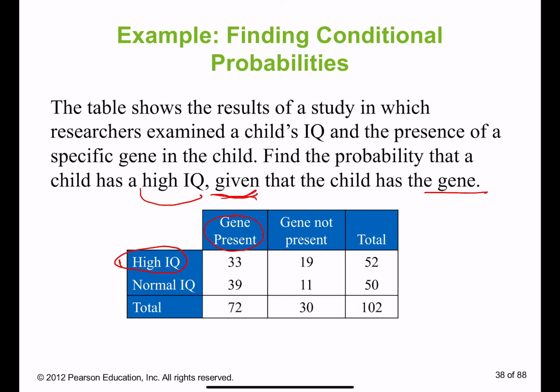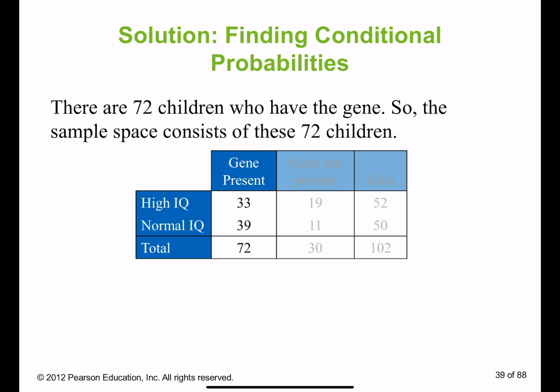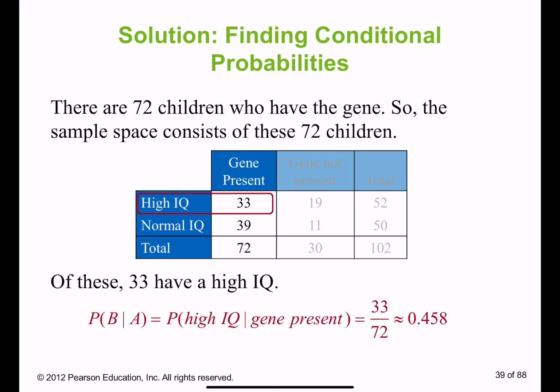So high IQ among present gene on the table, right? How many people have the gene present in total? 72, right? And how many have high IQ among present gene? 33. So the probability is going to be 33 out of 72.